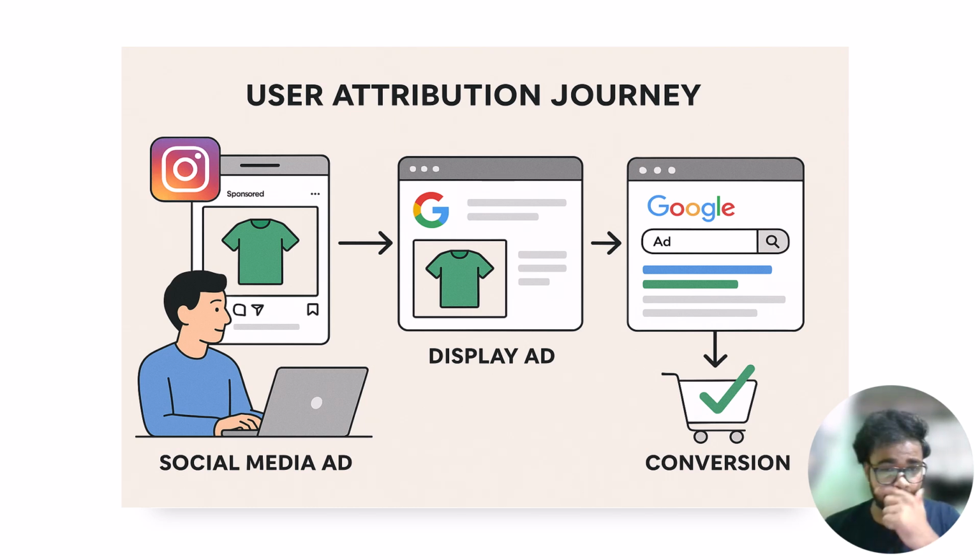We need to know whether displays generate more users who buy from our website, or our SEM or PPC campaign that we are running on Google Ads or any other platform. This is the simplest way of knowing about the user attribution journey. So let's jump to another slide, and I'll show you what we need to know.